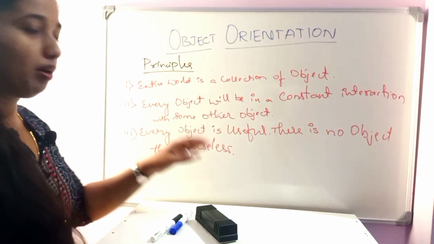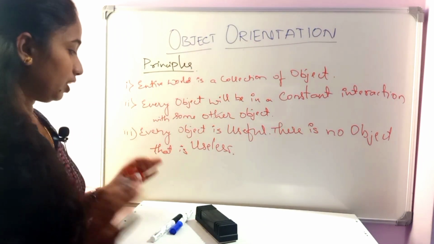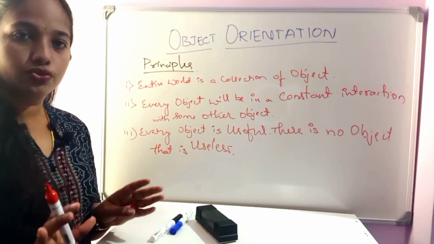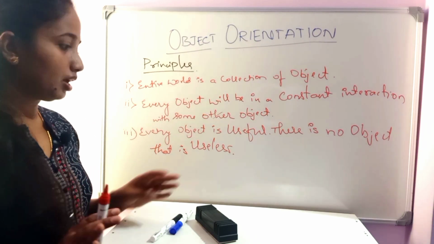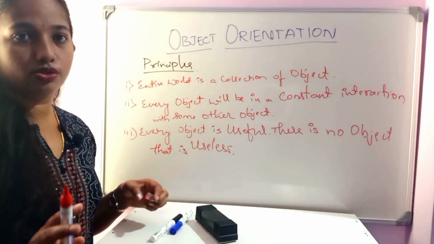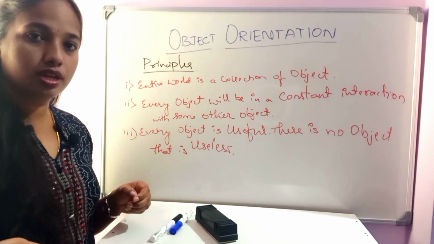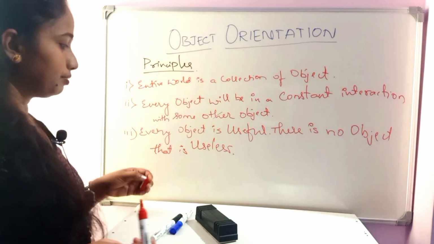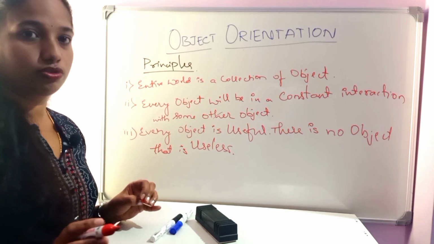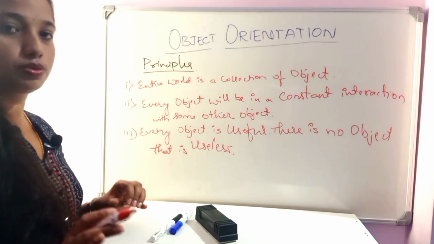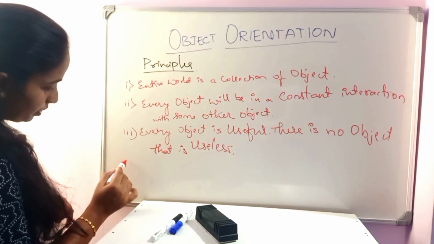Every object in this world, or every collection of objects, is useful. We cannot find an object which is useless. If you find any object that is useless, you can put it in the comment section. So every object is useful. There is no object that is useless.